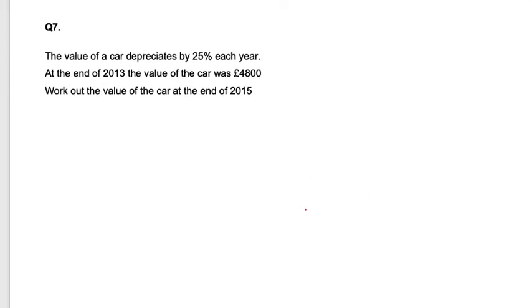Moving on, question 7. So this is looking at compound depreciation. This is tricky, so I'm going to go through this and make sure I put lots of steps in. 25% depreciation. If we take 100 and we subtract 25%, we get 75%.